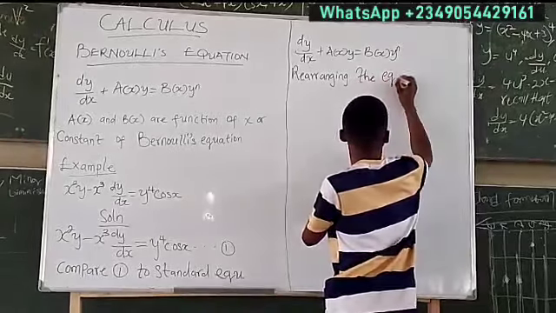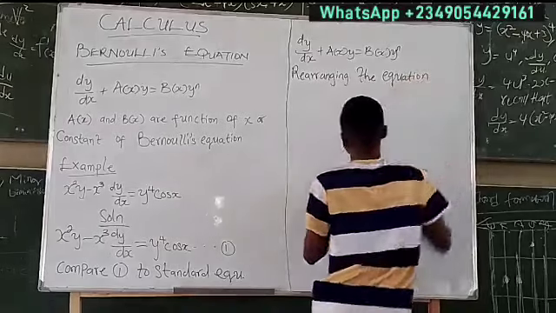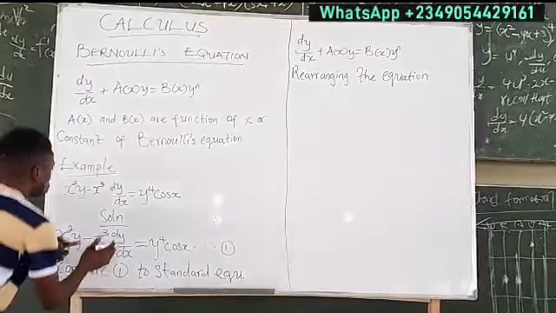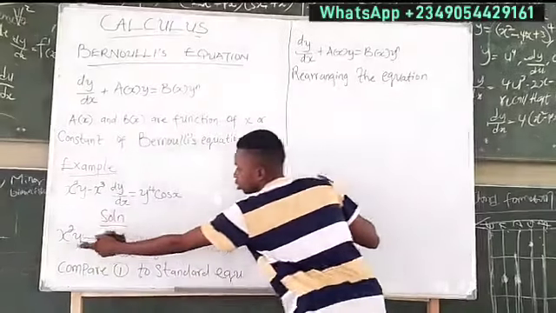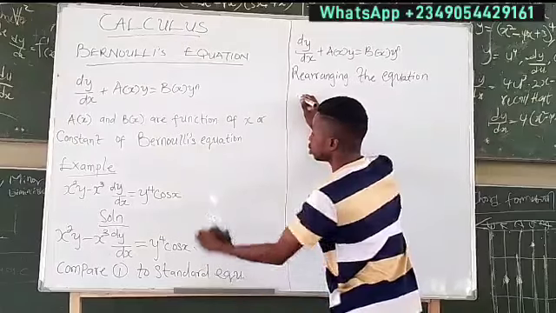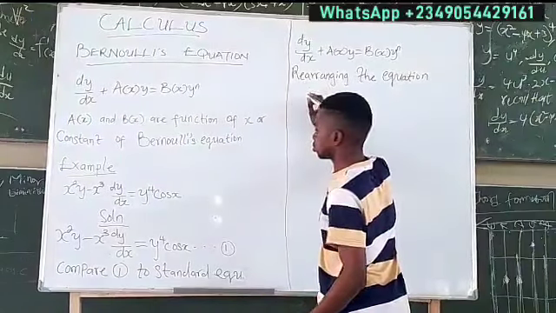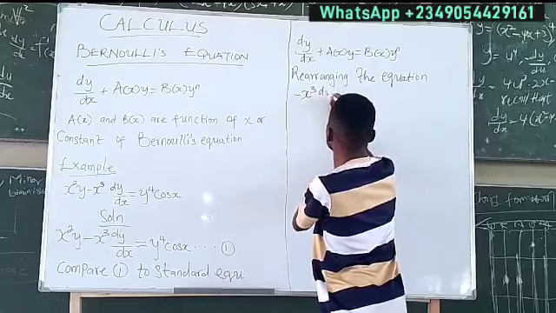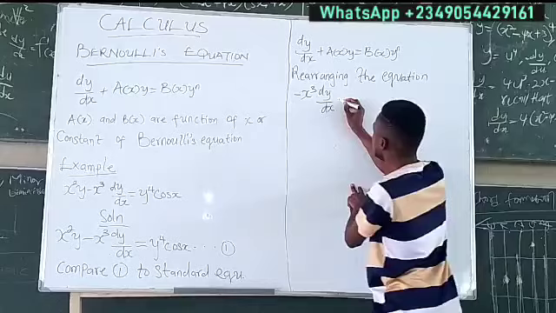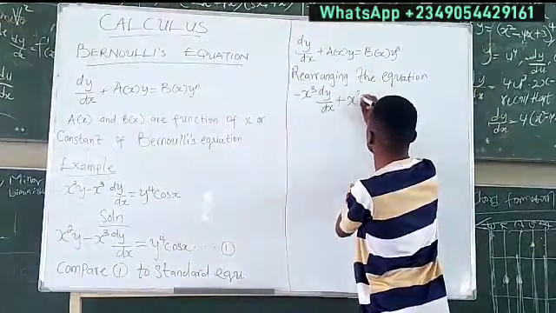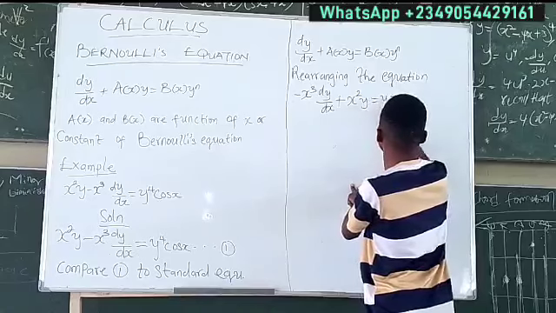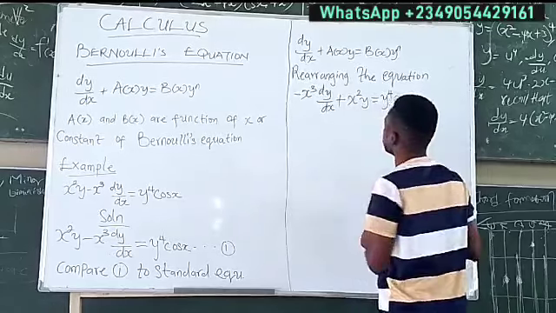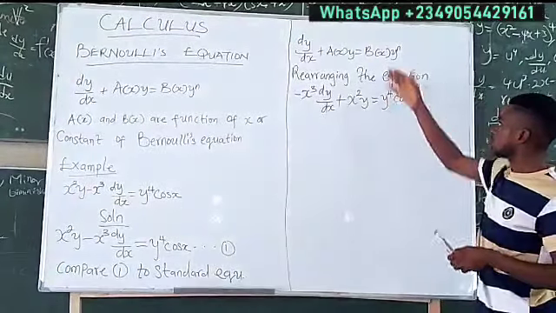Rearranging the equation. Let's see how we can make the equation look like the standard form. Let's move this x squared y. This becomes minus x raised to the power 3 dy/dx plus x squared y equals y raised to the power 4 plus x. You can see it's looking like that form.